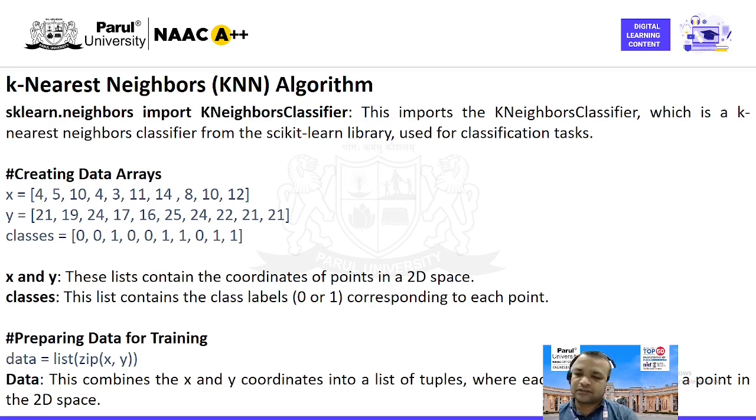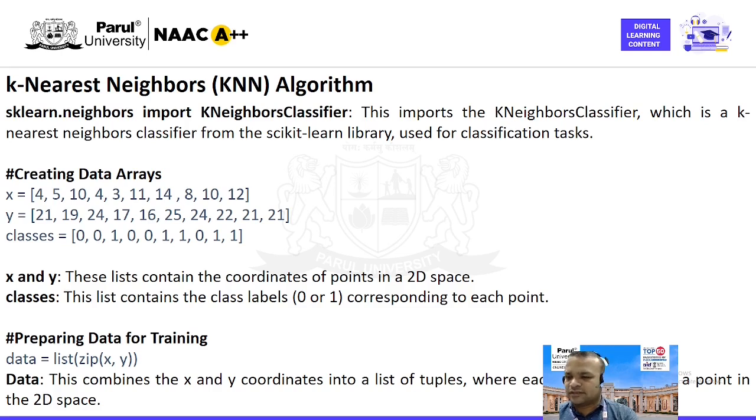This list contains the coordinates of points in 2D space. And what are the classes here? This list contains the class labels 0 or 1. That means you want to classify the result in two forms, 0 and 1. There are two classes, like pass, fail, male, female, like this.